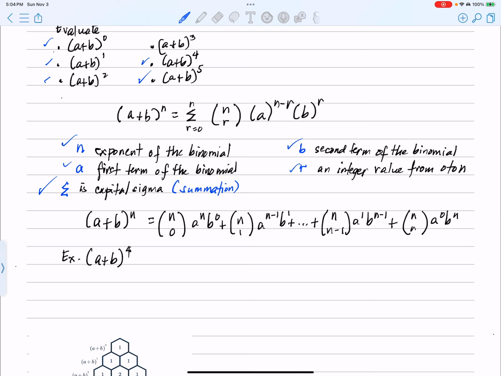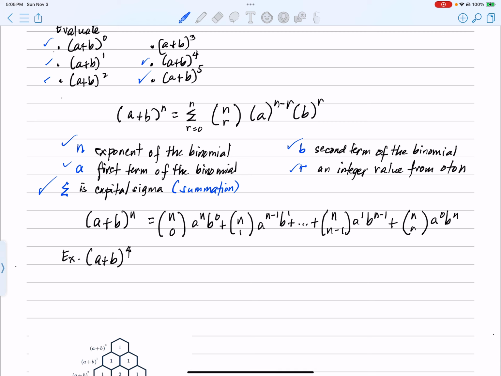Using the binomial theorem, you start with n choose 0, then a to the power of n, b to the power of 0, plus n choose 1, a to the n minus 1, b to the 1, and so on, until you reach n choose n, a to the 0, b to the n.